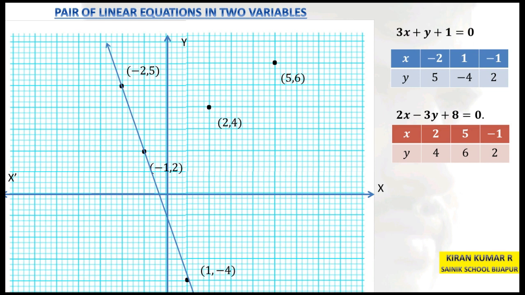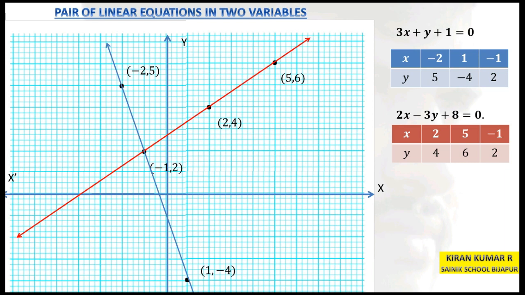Let me plot a line passing through these 3 new coordinates. You can very well observe these 2 lines, they are intersected at minus 1 comma 2. This minus 1 comma 2 is the common solution for both the lines, both the equations.